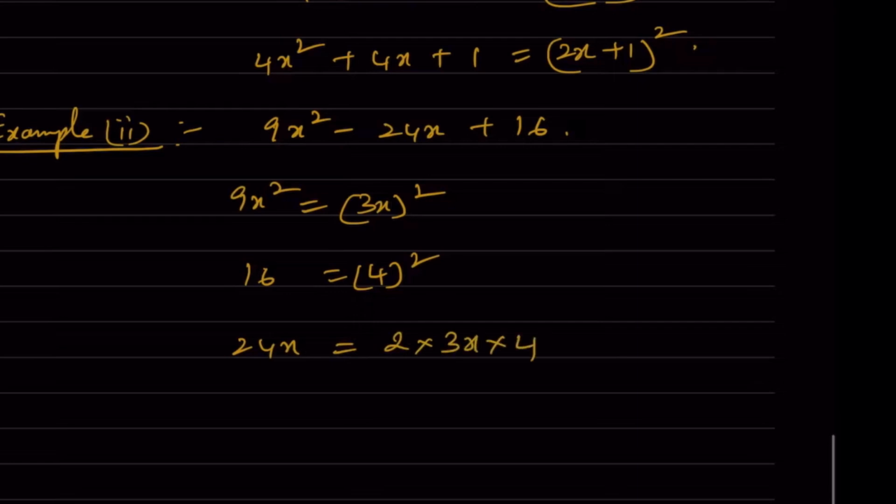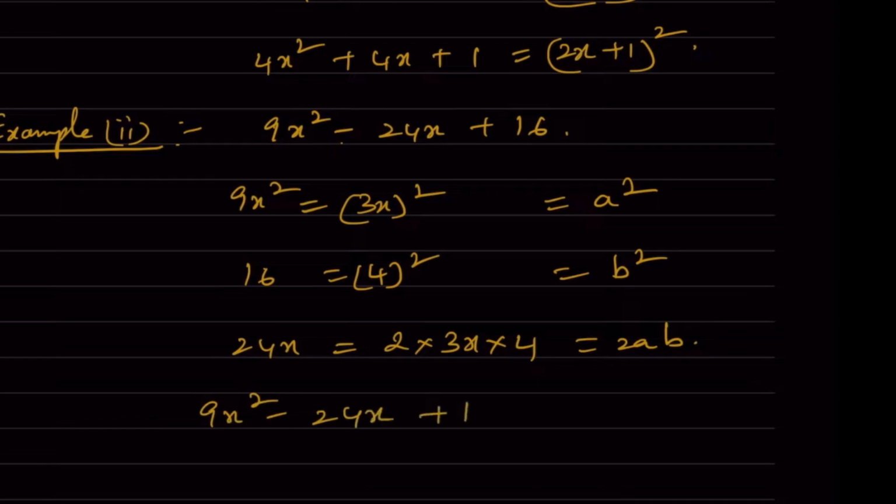So 4 3s are 12, 12 2s are 24, into x you are getting. So this is a square, this is b square, and this is 2ab. But you have a minus sign here, so 9x square minus 24x plus 16 is of the form a square minus 2ab plus b square.